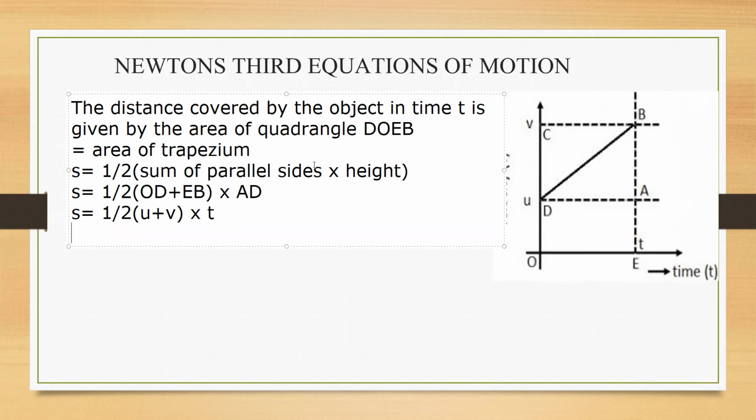Now, from the first equation of motion, we know V is equal to U plus AT.